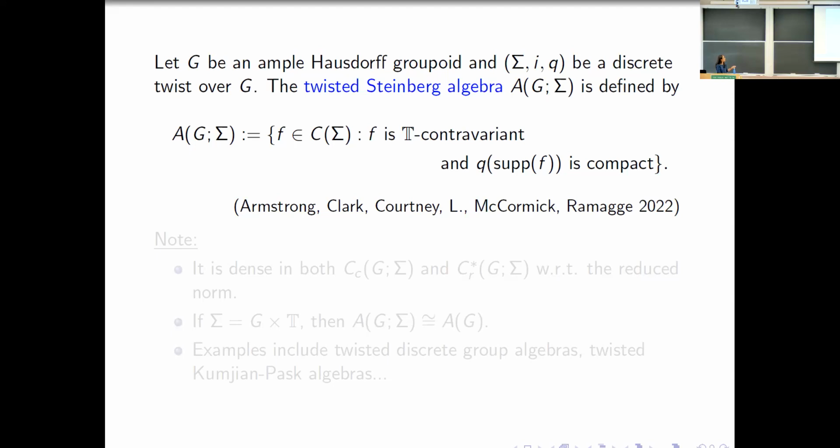Now, if you recall how the twist was defined, we take the original groupoid G, and we take the unit space of the groupoid and cross it with the unit circle. This gives us part of this exact sequence. The discrete twist here simply means that I equip the unit circle with the discrete topology.